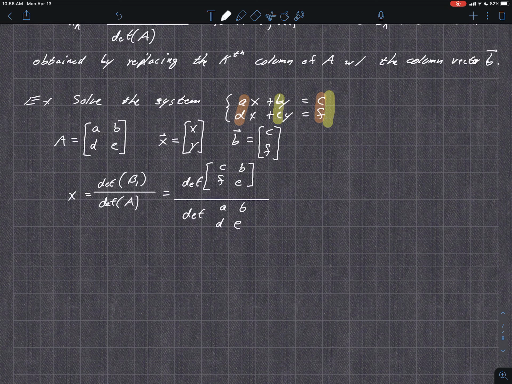A, B, D, E. So the determinant of C, E, B, F is just CE minus FB. Determinant of A is AE minus DB.